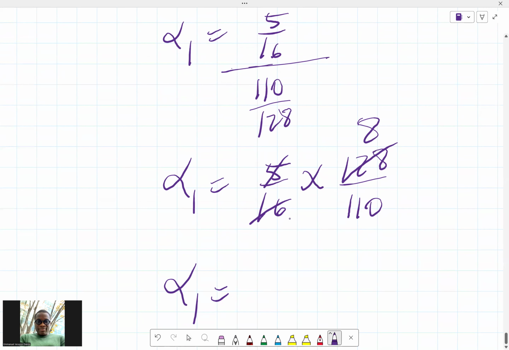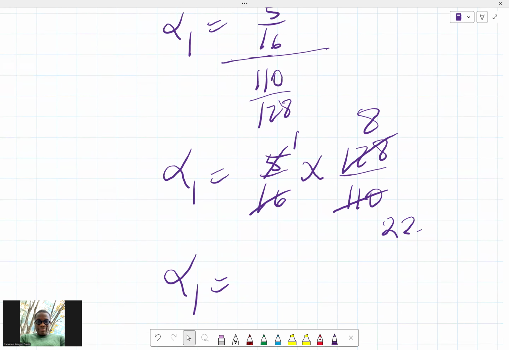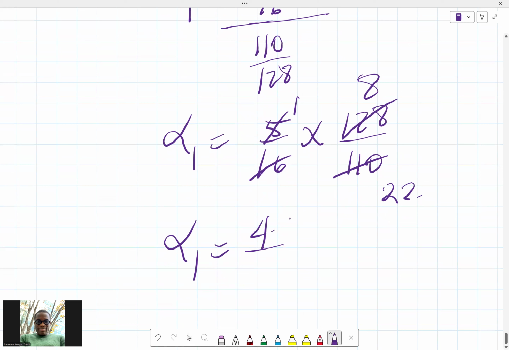Then we have 5 here is 1, and 5 and 11 is 2. 5 goes in 100 20 times. So that's 22. Yeah, that's 22. So finally, we have 4. Alpha 1 is 4 over 11 in short.